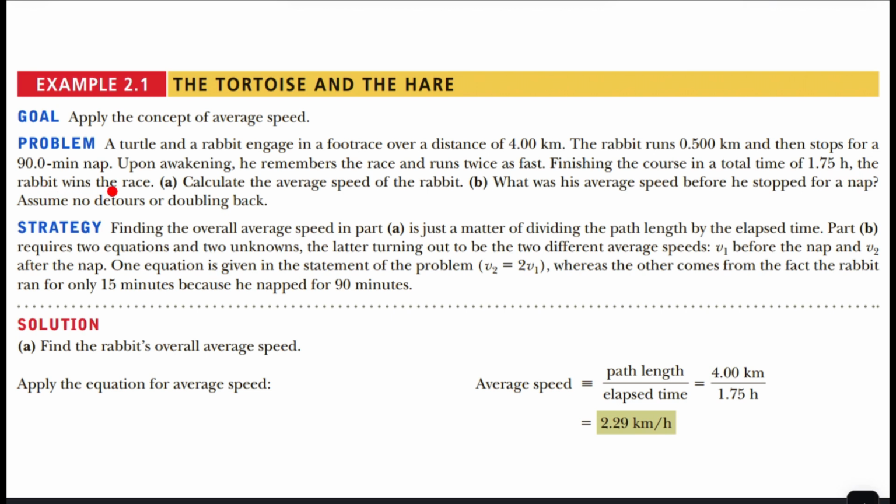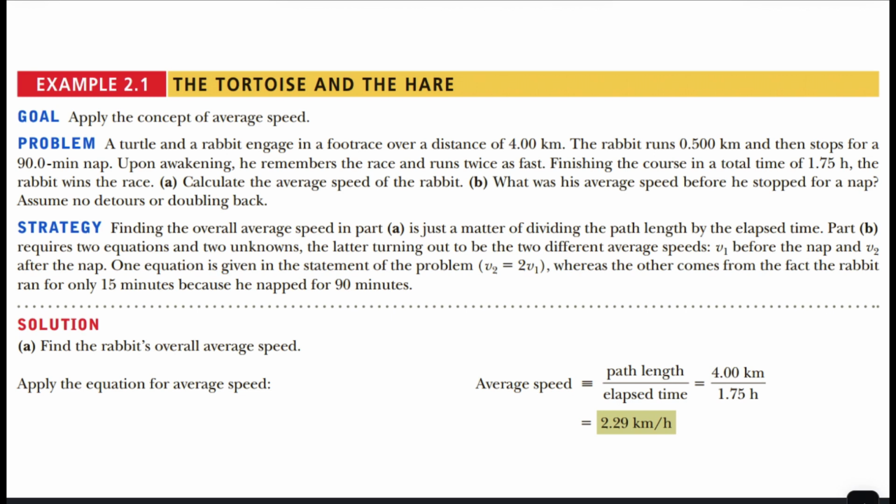The rabbit wins the race. Oh, it's not the story of the tortoise winning the race, isn't it? A. Calculate the average speed of the rabbit. B. What was his average speed before he stopped for a nap? Assume no detours or doubling back.